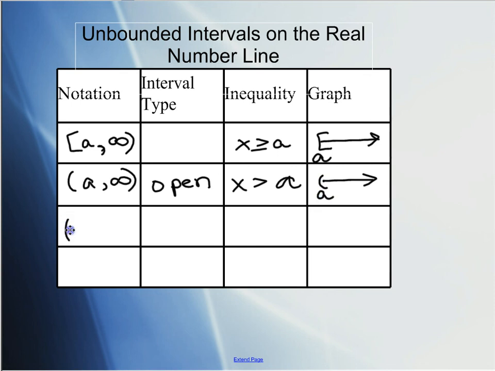Okay, we could do a parenthesis and then negative infinity to B with a square bracket, and that will be X is less than or equal to B, and this time your graph is going to go off to the left towards negative infinity.